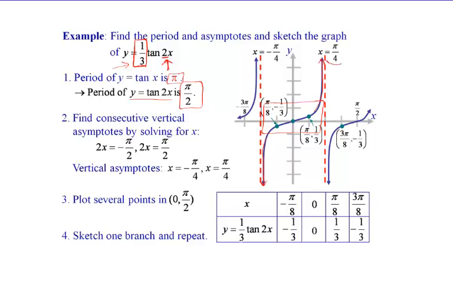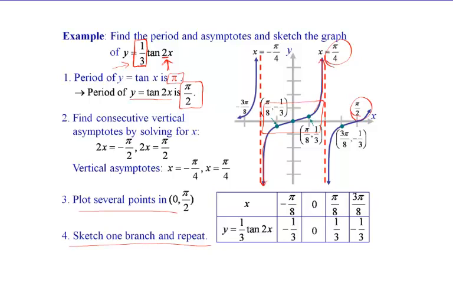Notice what's happened here to the changes in your vertical asymptotes. It makes sense that we should reach our first vertical asymptote to the right of the point of origin in half of the length that we do on the parent tan function, and we do. You can plot points, you can sketch and repeat, but you get the idea here that we still have vertical stretching and compressing.